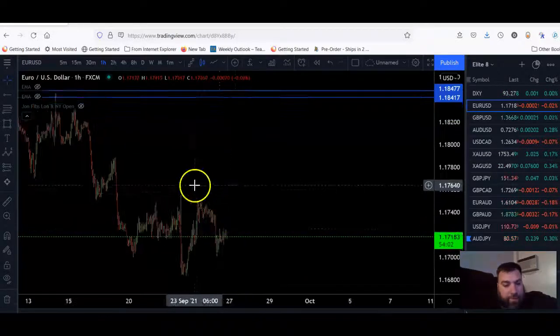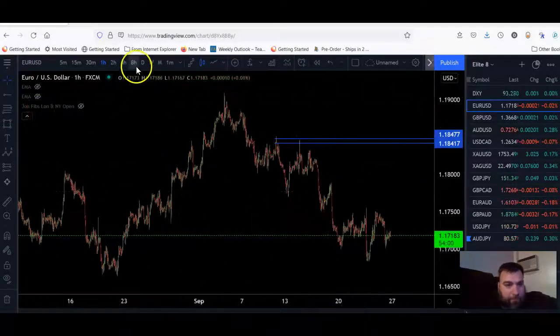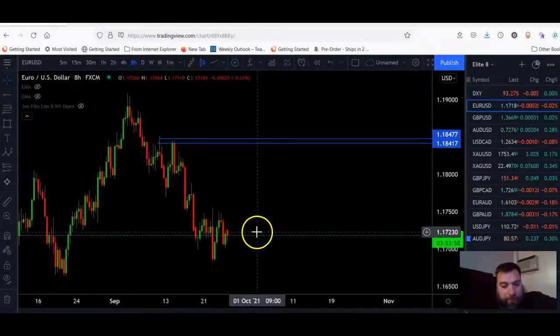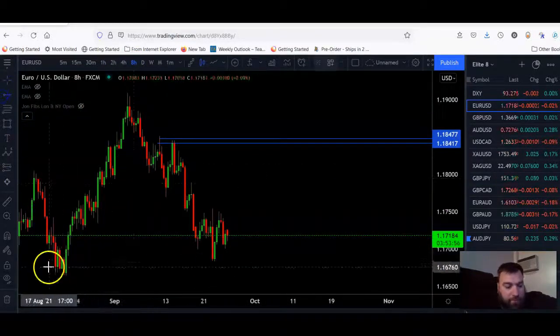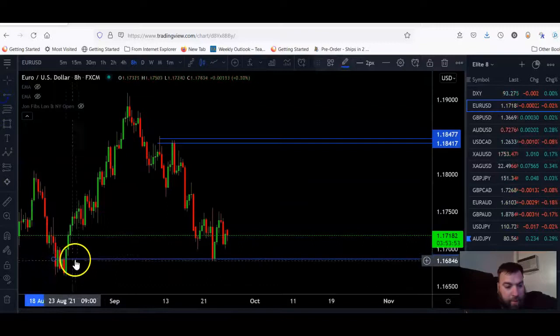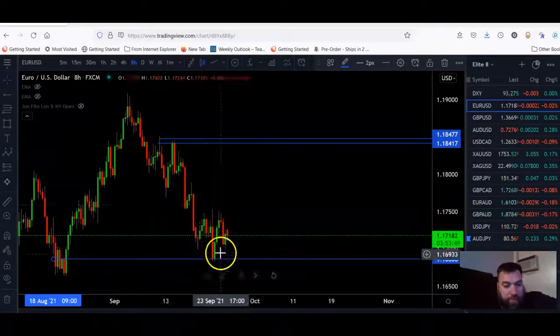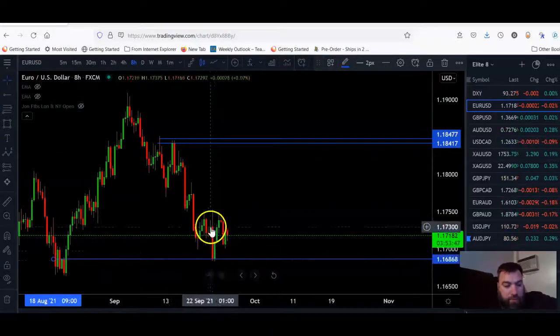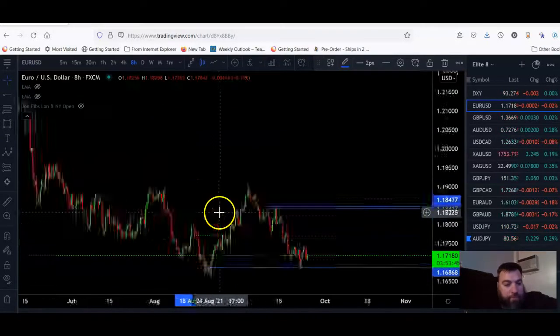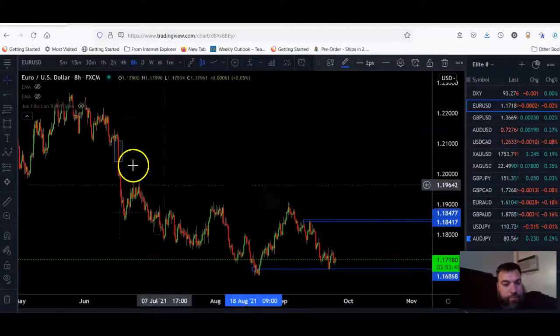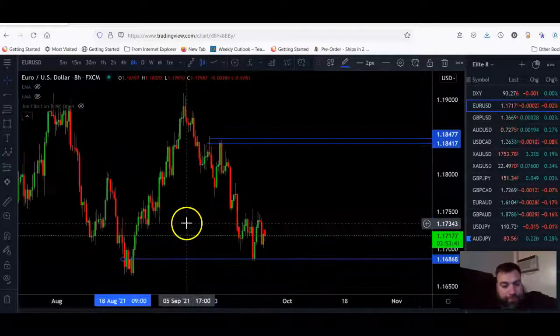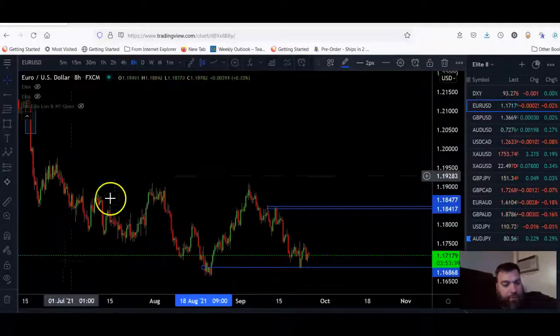So let's see here. Go on the 8 hour. You see price, just top of this red candlestick, price came up and bounced up. Here's that imbalance right here. This whole thing is like a reversal pattern.